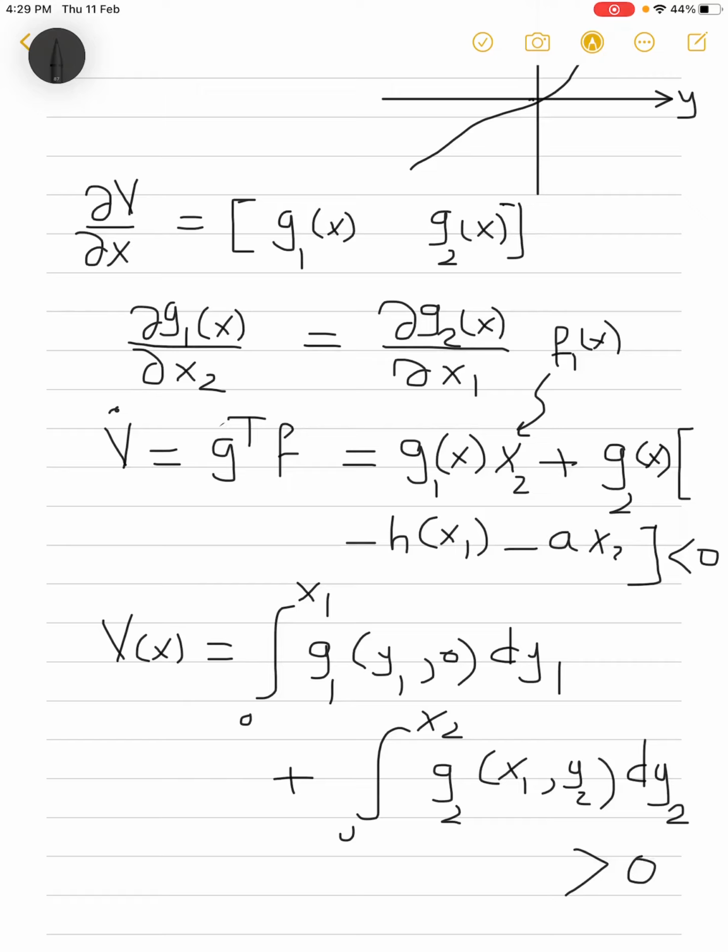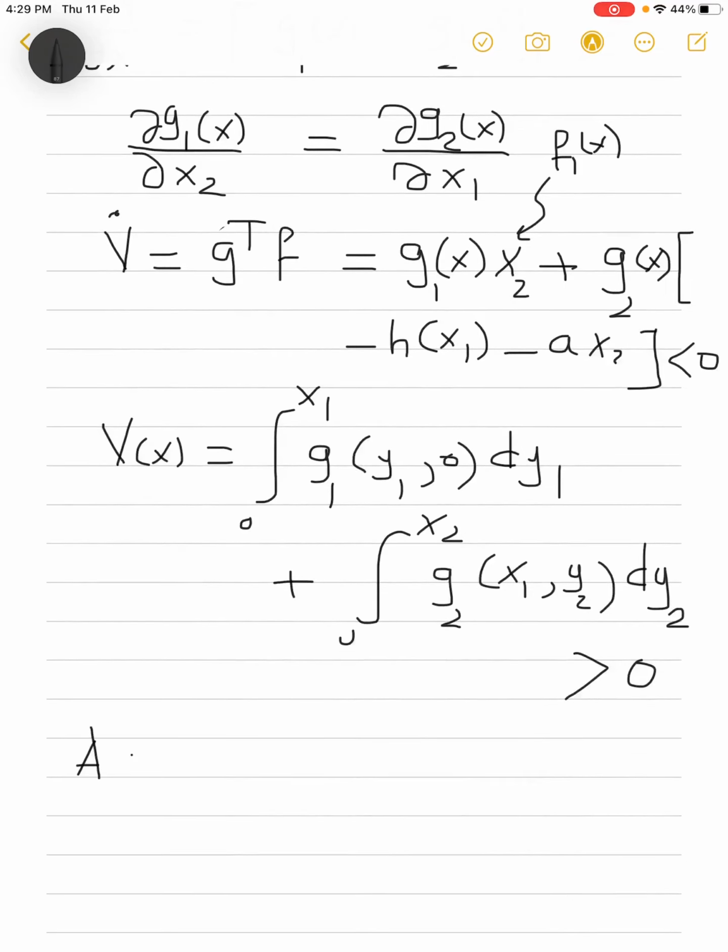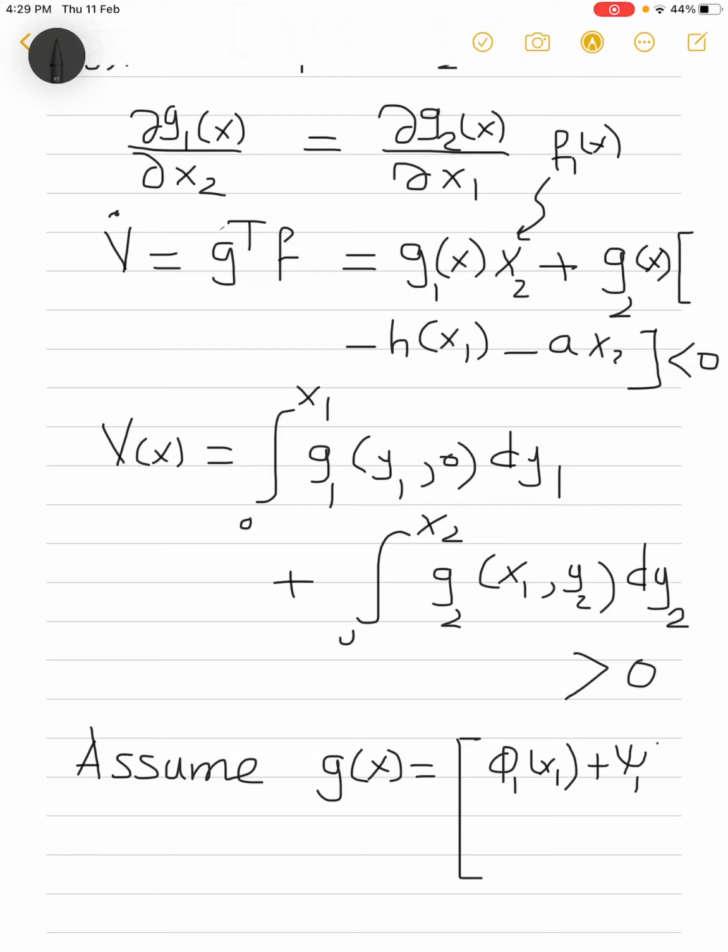Here we have to make an assumption regarding the form of the gradient. So let us assume that g of x, which is a vector composed of two elements, will have phi1 of x1, so in general a nonlinear function phi1, which is a function of x1 only, plus another nonlinear function psi1 of x2, and similarly the second element will be phi2 of x1 plus psi2 of x2.